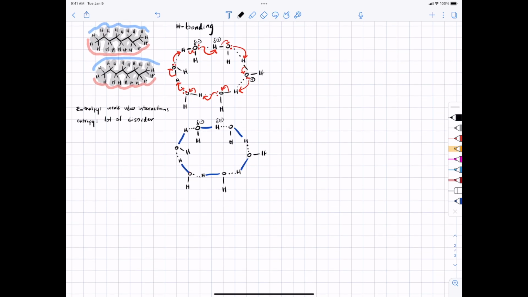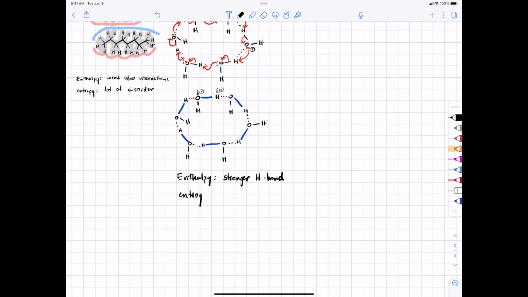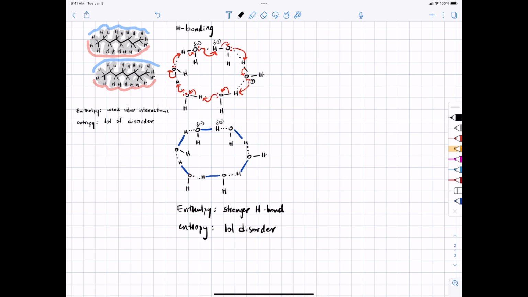So if we compare enthalpy and entropy of water to that of the gasoline, enthalpy, we've got stronger hydrogen bonding interactions. Entropy, we've got a lot of disorder. Again, because we're in the liquid state, we're not frozen, and as we've said, this is a lot of disorder because we don't even know which oxygens are attached to which hydrogens. They switch back and forth so quickly.